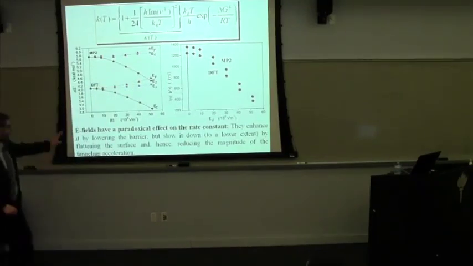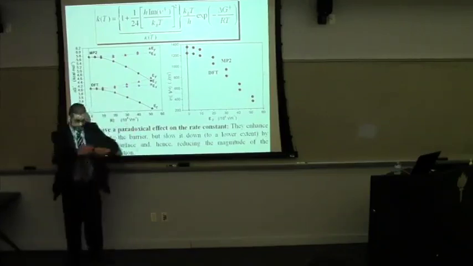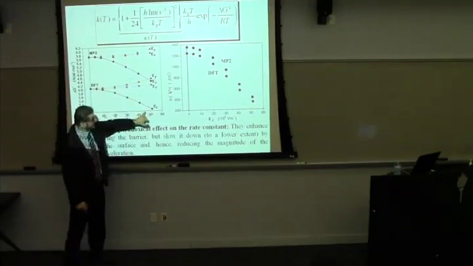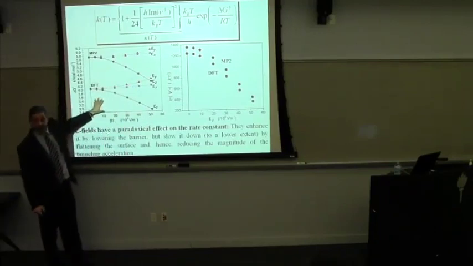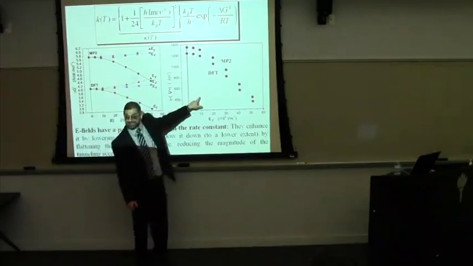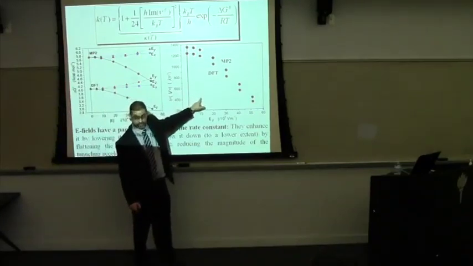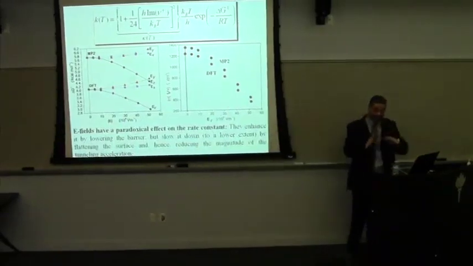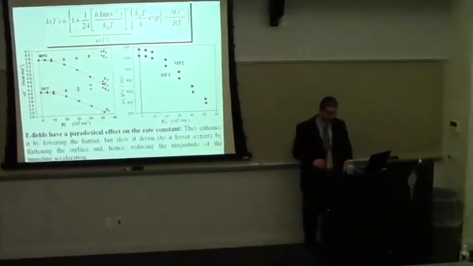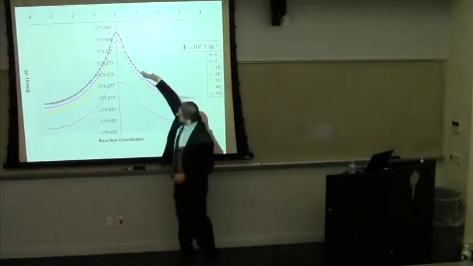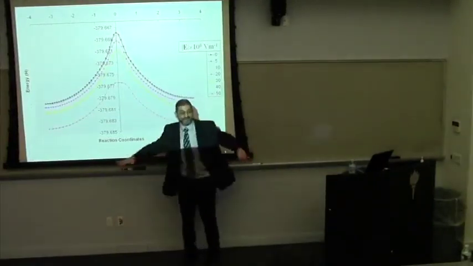So this is the parallel field, the field that is parallel to the reaction, and these are the ones that are perpendicular in the two planes. So you can see that the barrier decreases significantly with the field strength, but so does the imaginary frequency, which means that the surface at that point is flatter. So in other words, the field suppresses the barrier and flattens it.